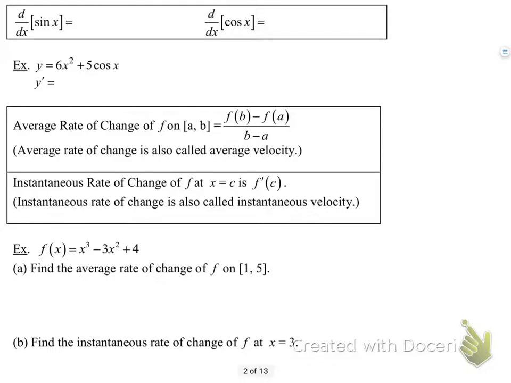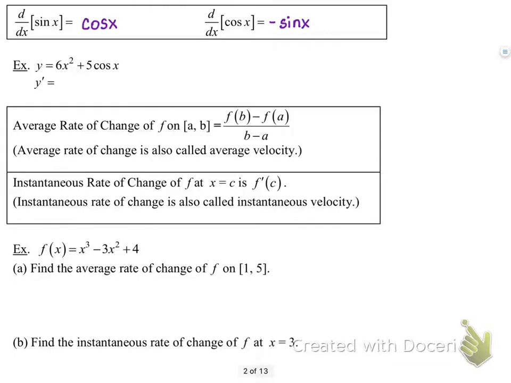We need to know the derivative of the sine of x. And the derivative of the sine of x, which you must memorize for your next quiz, is cosine x. And the derivative of cosine x is negative sine x. Beautiful.